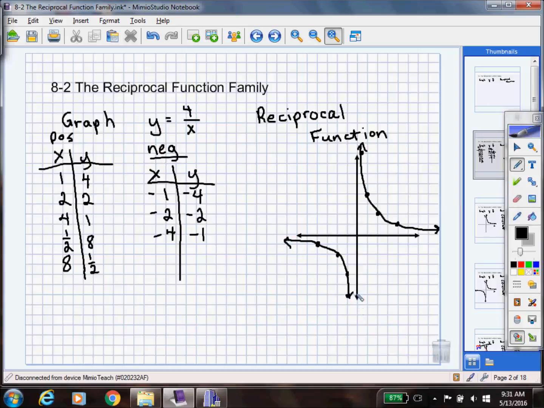And you graph that, and we find out that every reciprocal function is going to have the same basic shape. You're going to have a pair of lines that divide it up so that you've got a curve on one side and a curve on the other side.